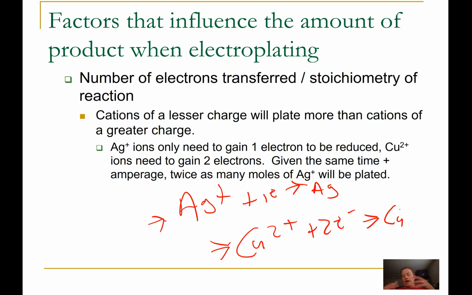So given everything being identical, same amperage, same time, same everything, we're going to plate twice as much silver because it requires half as many electrons. Basically, the greater the charge of the metal ion, the less is going to be plated in a given amount of time, because it takes more electrons to turn it back into the elemental thing.